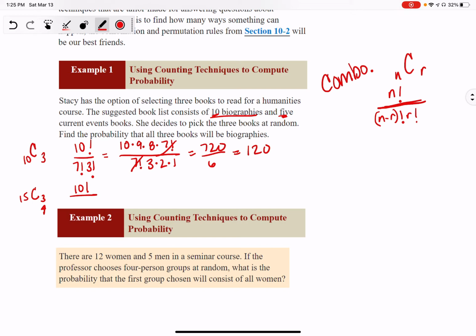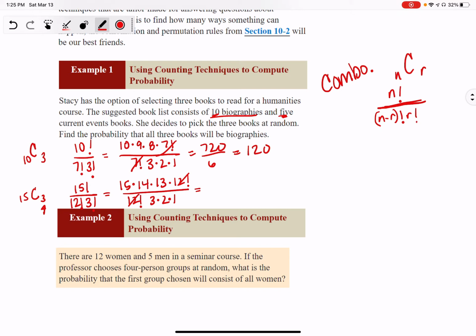So this would be, oh, not 10 factorial, 15 factorial, and then 15 minus 3, which is 12 factorial, 3 factorial. 15, 14, 13, 12 factorial over 12 factorial to cancel those out, 3, 2, 1. So I have 15 times 14 times 13 divided by 6.